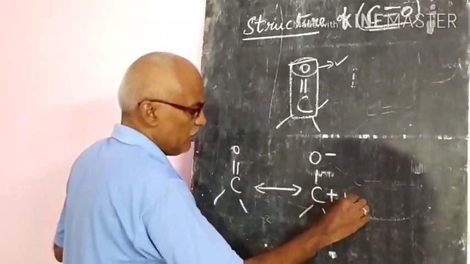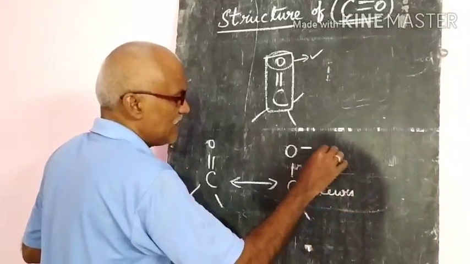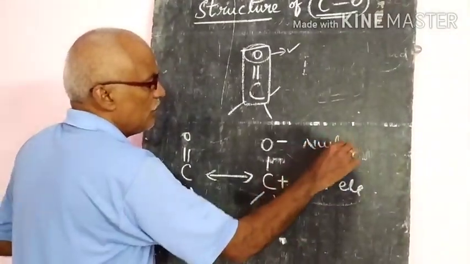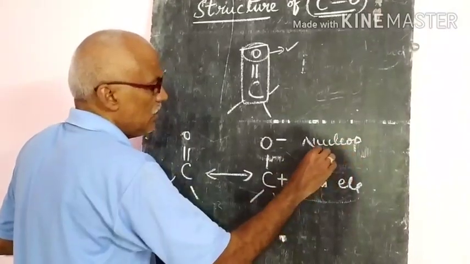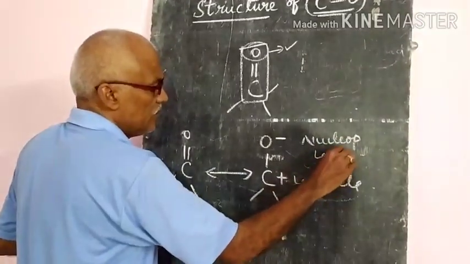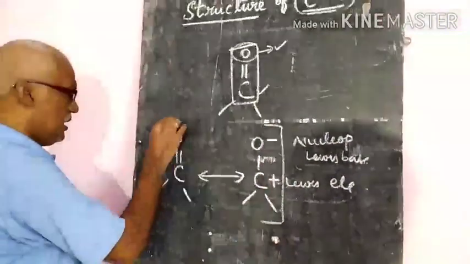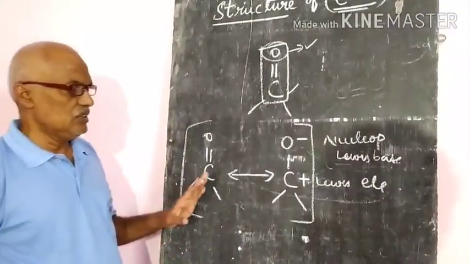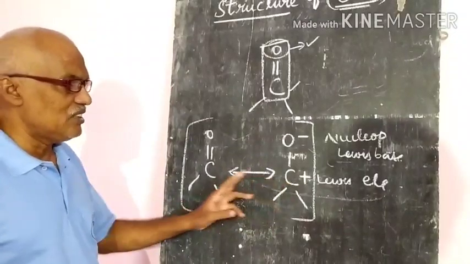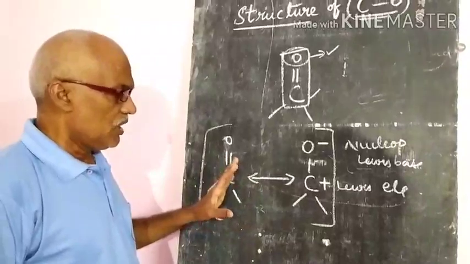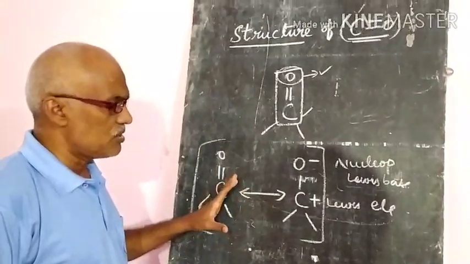That means it is a Lewis acid. It will act like a Lewis acid, an electrophile, and the oxygen will act like a nucleophile, a Lewis base. So like this, the structure will help in the chemical reactions. This is the most important: the resonance structures of the carbonyl group bonds.